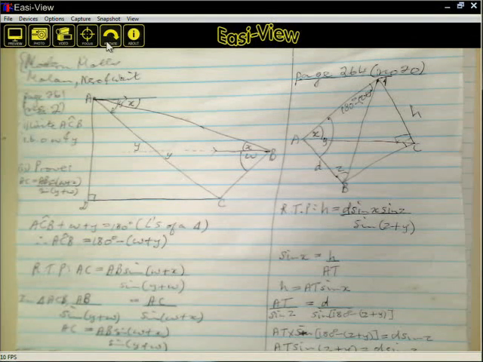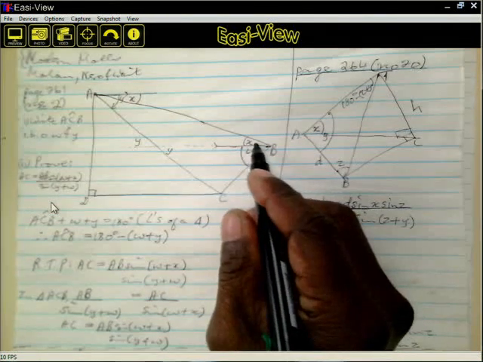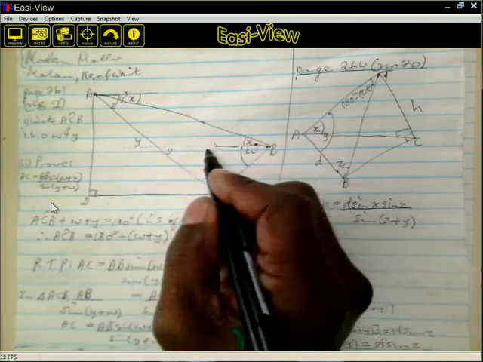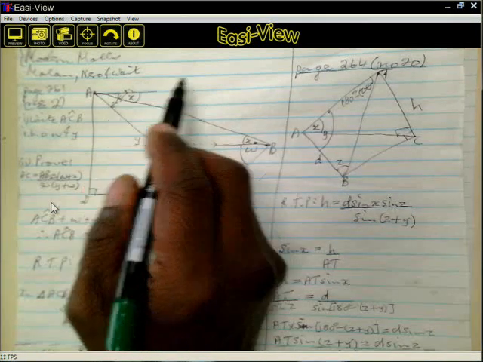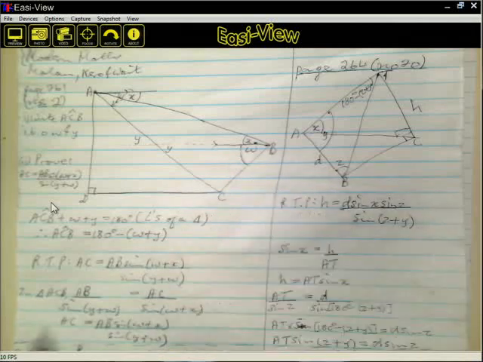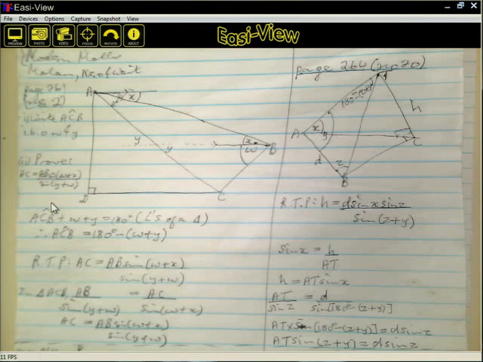And from B, the angle of depression to C is W. Now, the x that I've written here comes from the fact that this line is parallel to that line. Look at the Z, which is what you must do when you get a diagram. Complete the sides and the angles using your axioms and your theorems.